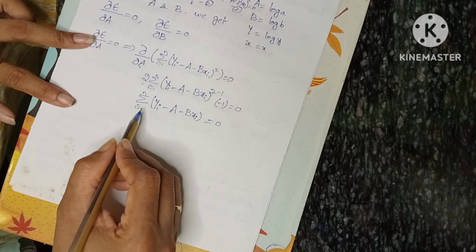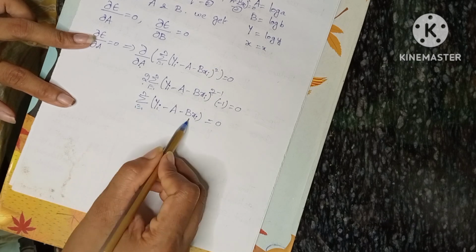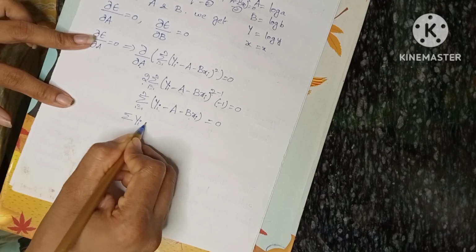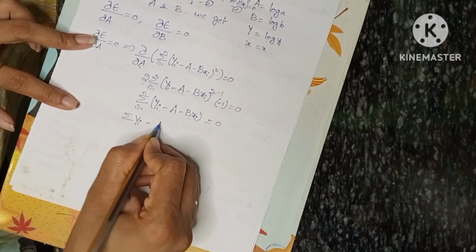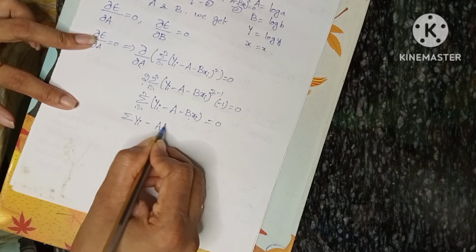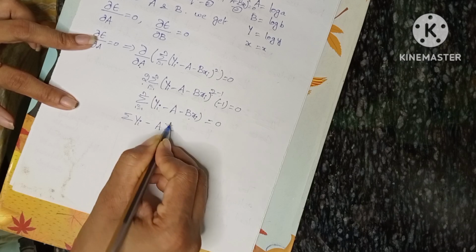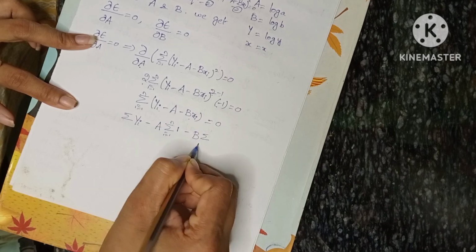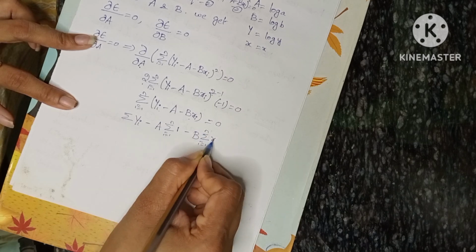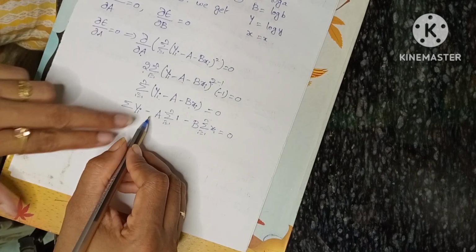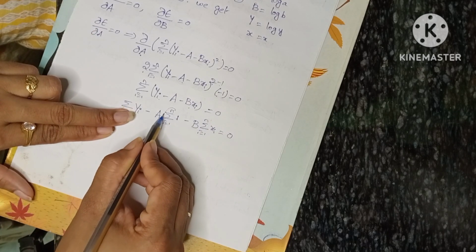So now we have to multiply this summation with all the terms. So summation yi − a summation i = 1 to n of 1 − b summation i = 1 to n of xi equals 0. Here we have to write n in this place.